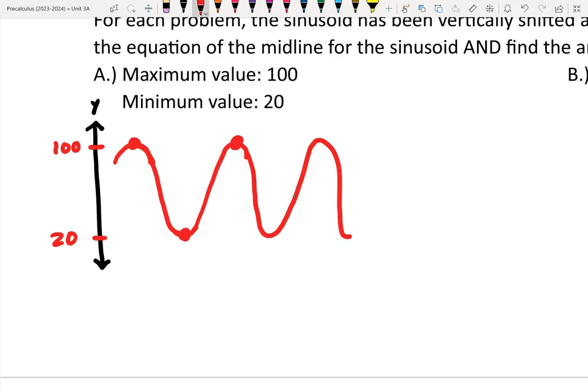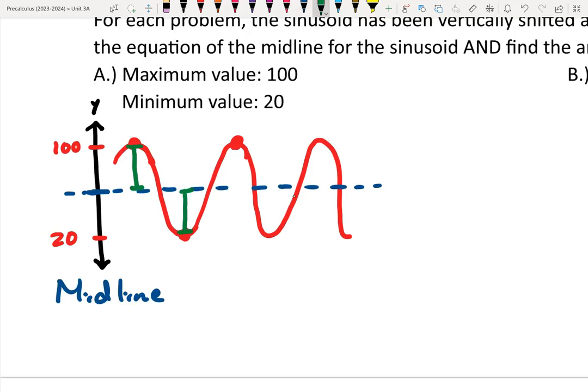Now, what we want to find is the midline, and remember the midline splits this in half. And we want to find our amplitude. And remember, the amplitude is the distance between the midline and the max and min.